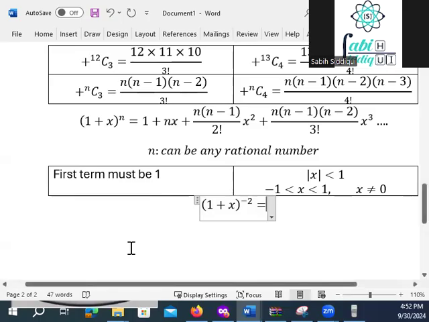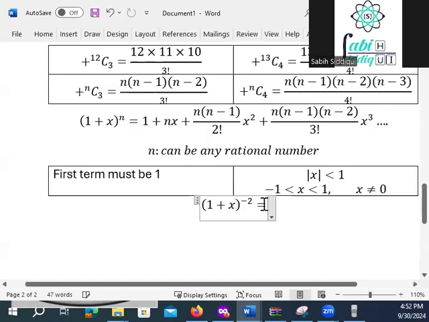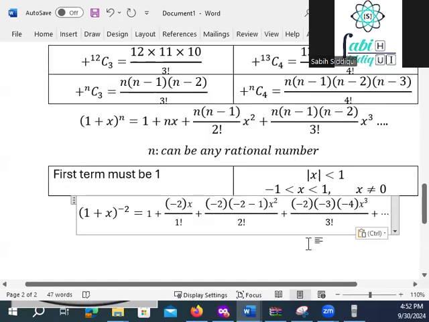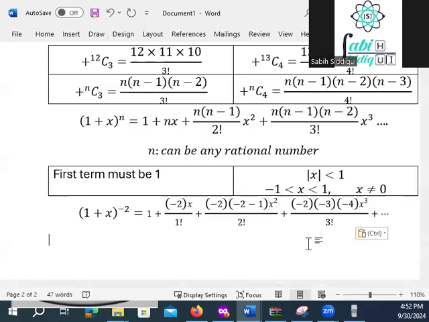Can you expand this? This is what you must end up getting. I want you to expand till x cube. Now, because n is not a positive integer, we cannot limit our expansion to a particular number. ये expansions चलती ही जाती हैं हमारे पास. Can you tell me the simplified answer, anyone?